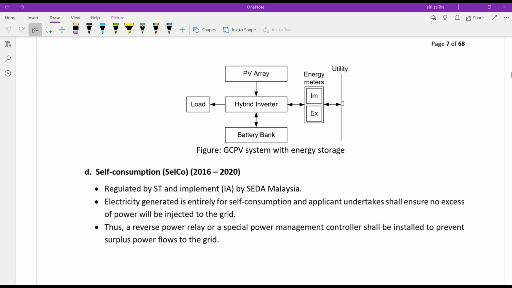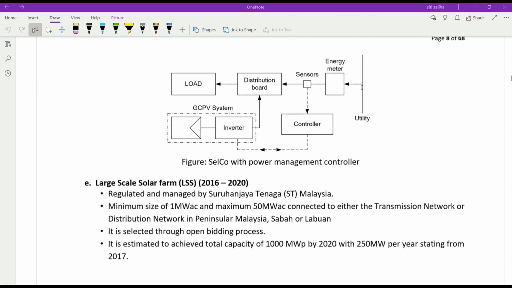The energy can come from the grid, and the customer or the installer can feed the energy to the grid. But this one has one arrow only, which means the surplus power from this system is not allowed to be fed to the utility.